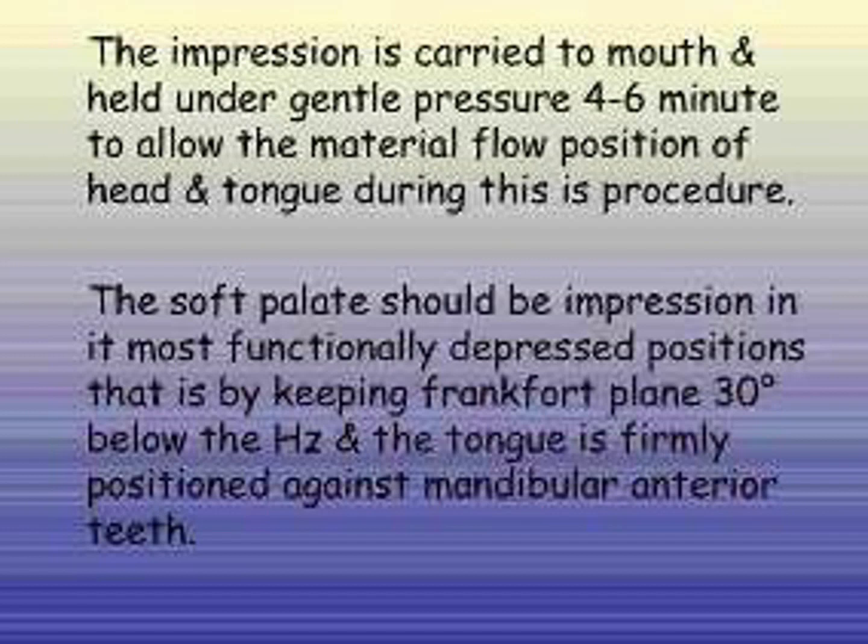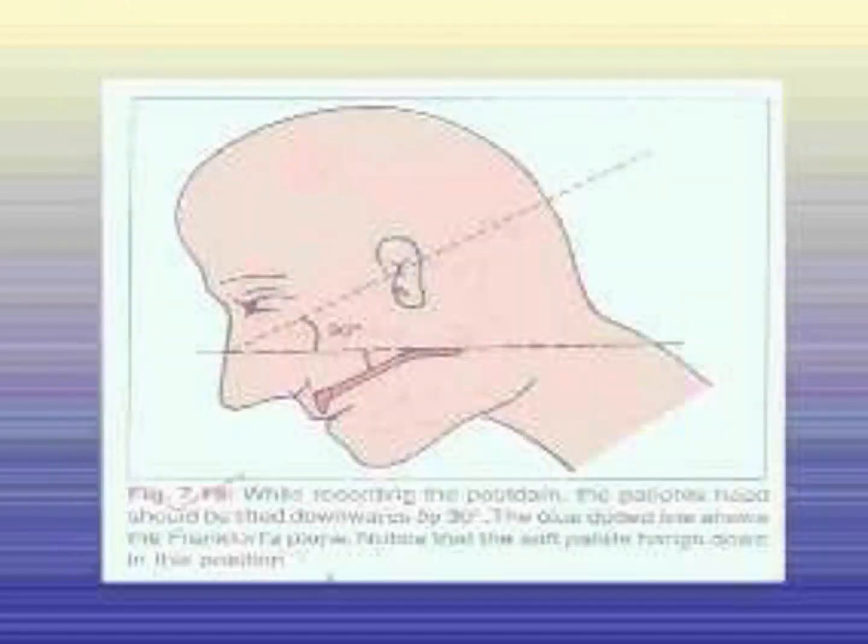And then once the mouth temperature wax is painted onto the PPS area, the patient is instructed to put the head at 45 degrees to the Frankfurt's horizontal plane, so that the soft palate is in the inferior most position. The patient is asked to place the head at 30 degrees so that the soft palate is in inferior most position, and then the impression is recorded.